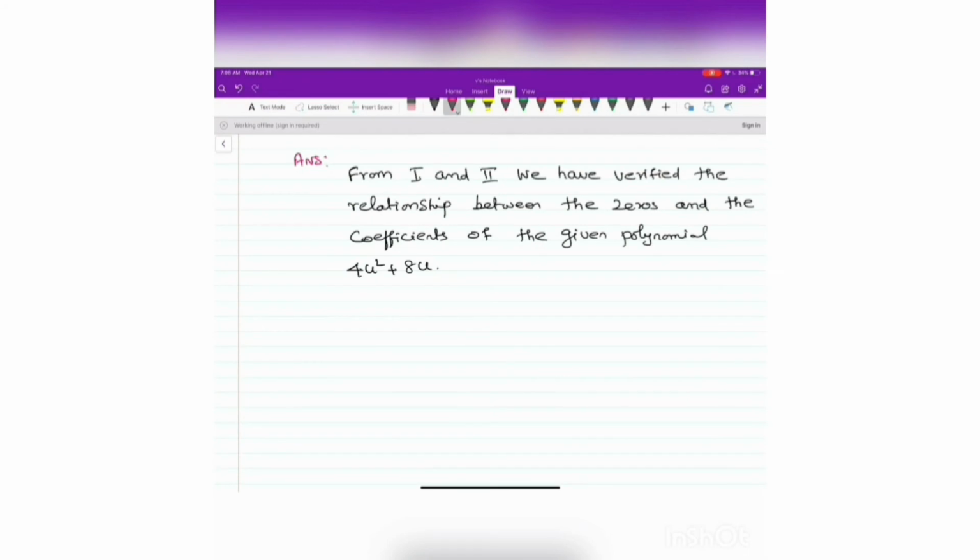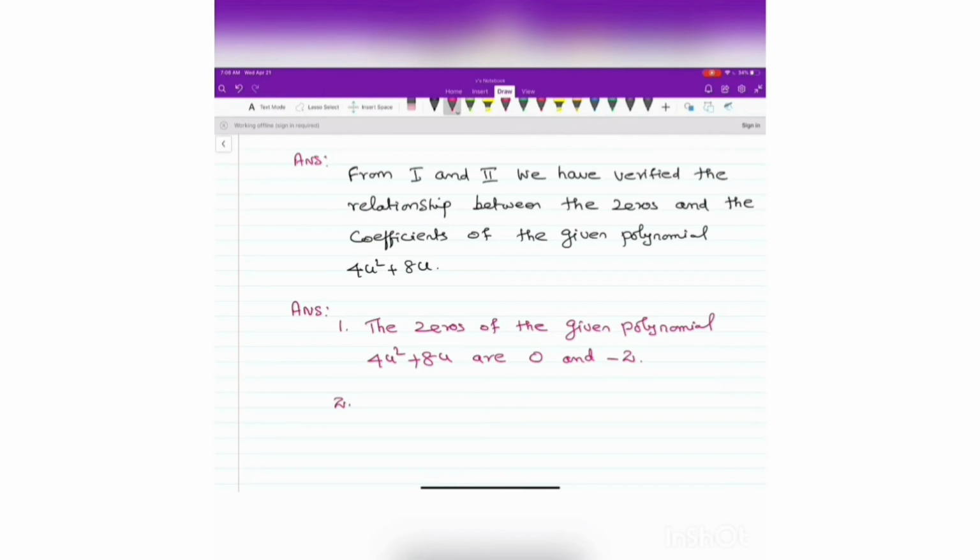As I told you, you have to write the answers of both the parts together as your final answer. So let us do that now. The first part: the zeros of the given polynomial 4u square plus 8u are 0 and minus 2.